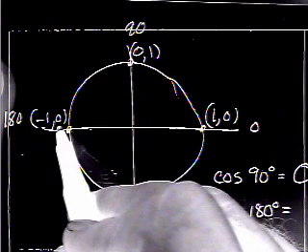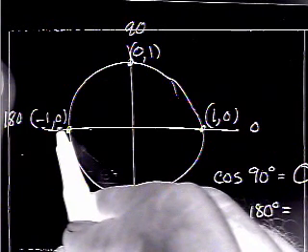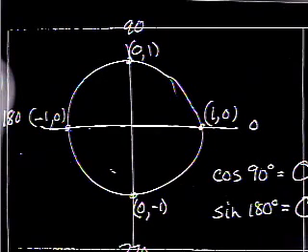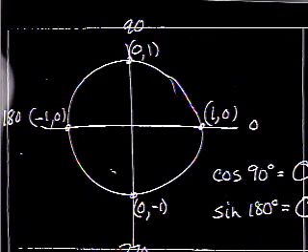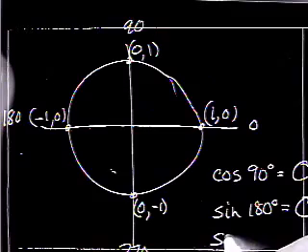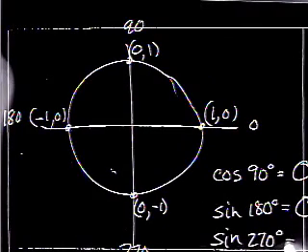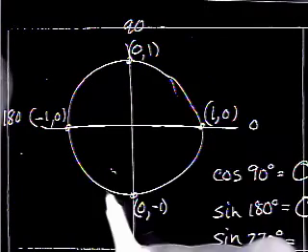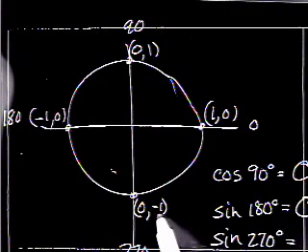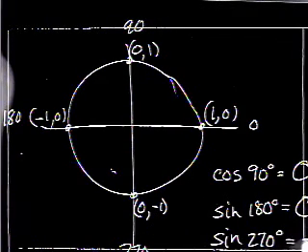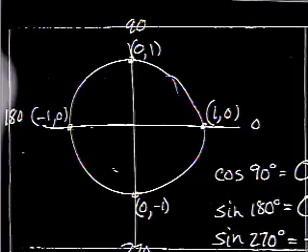And you tell me what the y value is in this case, because they asked me for sine. That's also 0. What about the sine of 270 degrees? Well, you find 270 degrees, check the y value, looks like -1.